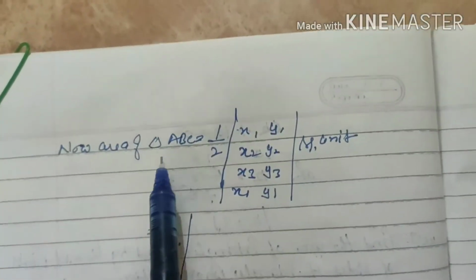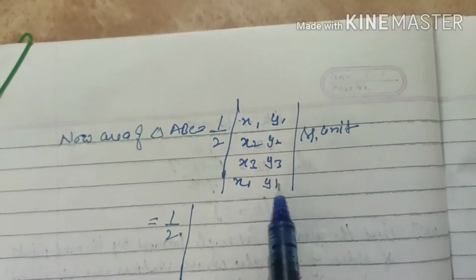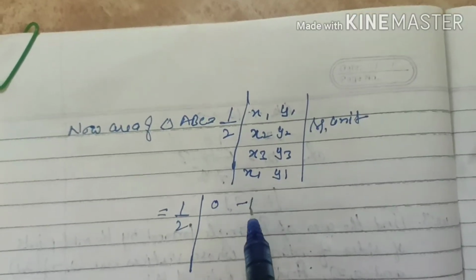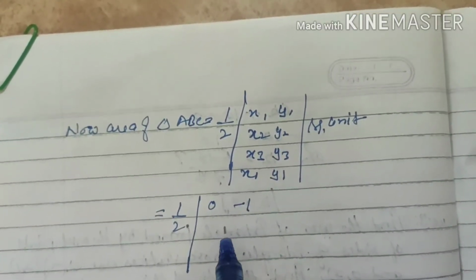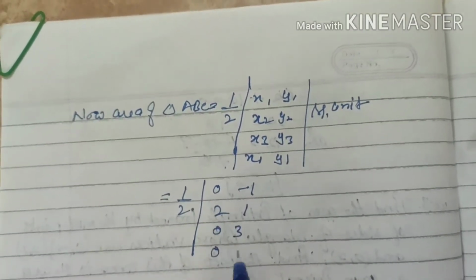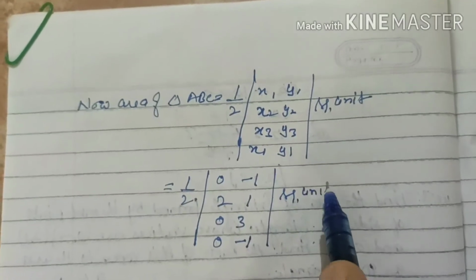Now the area of triangle ABC will be 1 by 2 times x1 y1, x2 y2, x3 y3 and x1 y1. So put all the values. x1 y1 we have as (0, minus 1), x2 y2 we have as (2, 1), x3 y3 we have as (0, 3), and in the end we will repeat x1 y1, square unit.